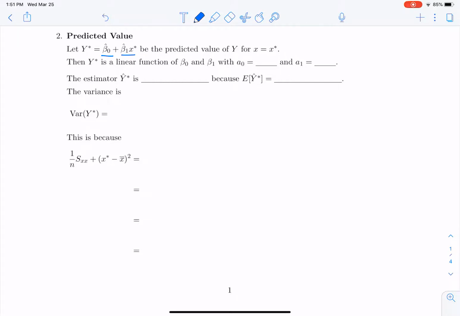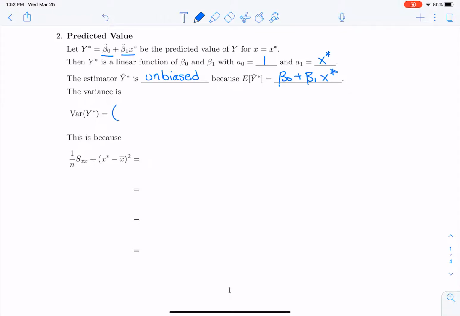What we should notice is that y star is a linear function of β0 and β1. But in this case, the a0 is 1 and the a1 is x star. Well, then y star hat as an estimator is unbiased, because the expected value of y star hat is just going to be β0 plus β1 x star, as we showed above.